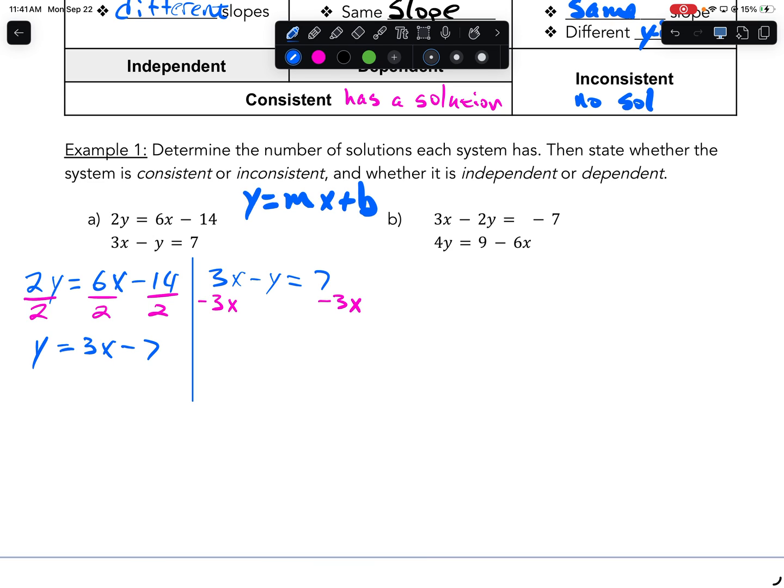And what should I write on the right side of the equal sign, 7 minus 3x or negative 3x plus 7? Negative 3x plus 7. Right, because we want to make it look like slope-intercept form. Can you tell they're going to be the same line or different lines right now? Same, right? Because when I divide by negative 1, it's going to make the exact same equation.